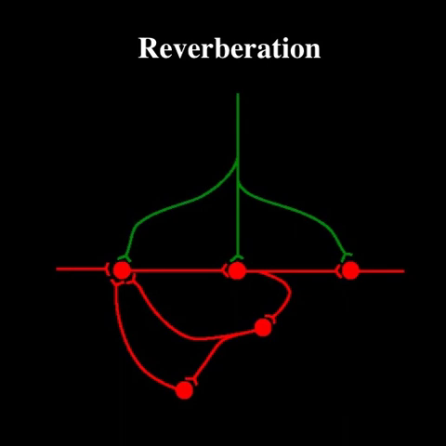Reverberation is a feature of some neural networks, usually the neural networks associated with nociception or pain perception. What tends to happen is the information, as it goes up the excitatory pathway, branches off and goes back down the pathway, and so you get a self-excitatory pathway.